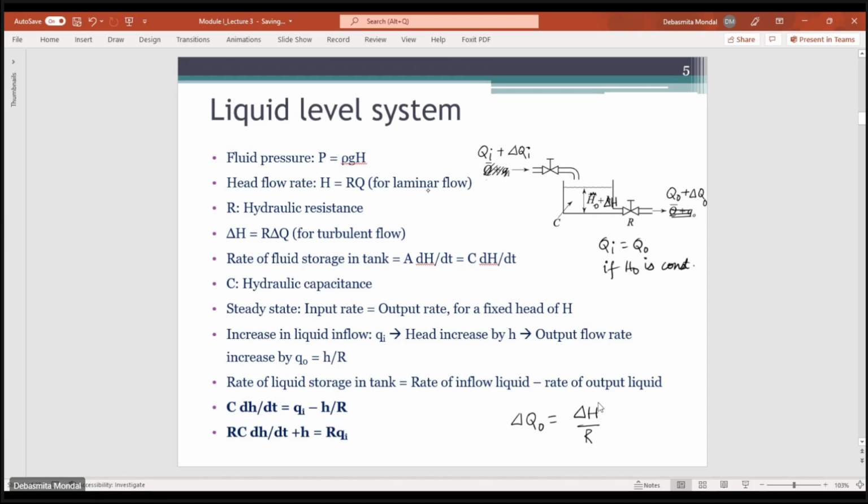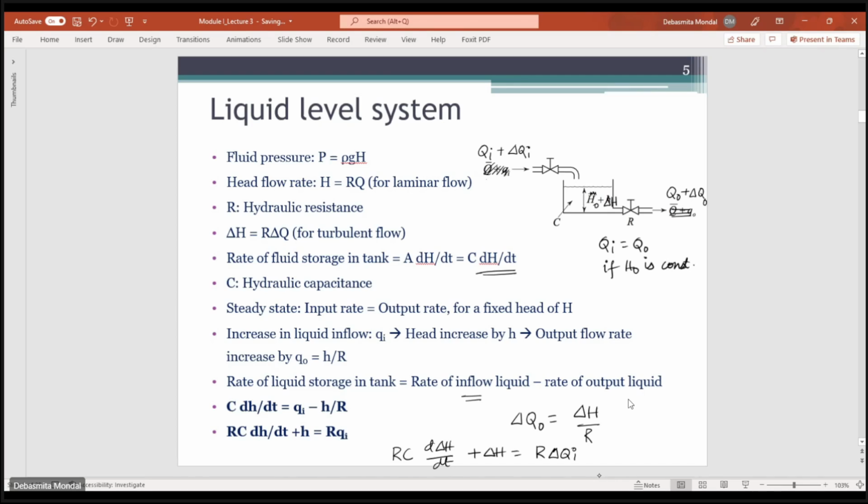If you write this equation, the rate of liquid storage that we have defined here is C dH/dt, the rate of inflowing liquid is delta Qi, and the change in the rate of outflowing liquid is given by delta H by R. Now if you substitute everything, you will get the equation R C d(delta H)/dt plus delta H equals R into delta Qi.